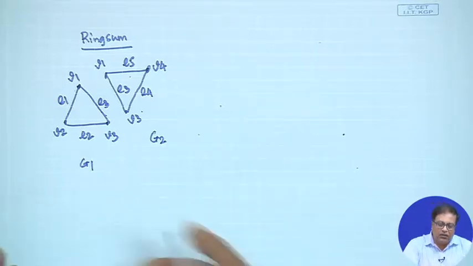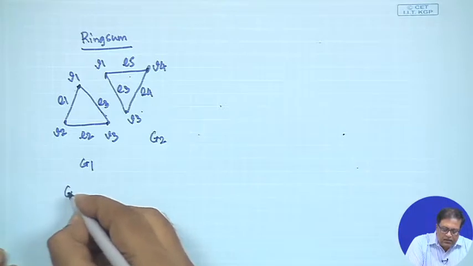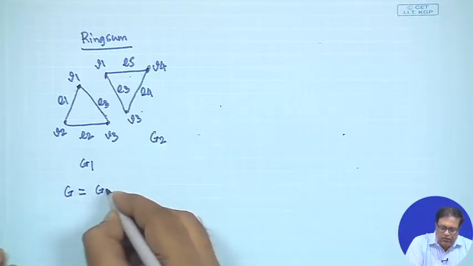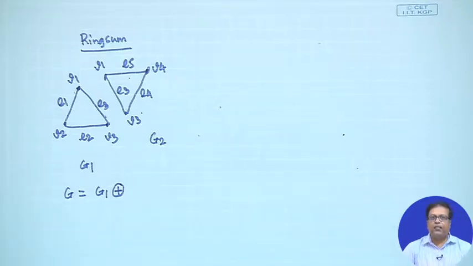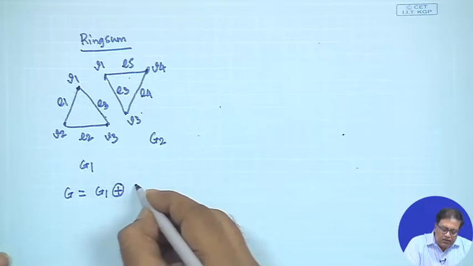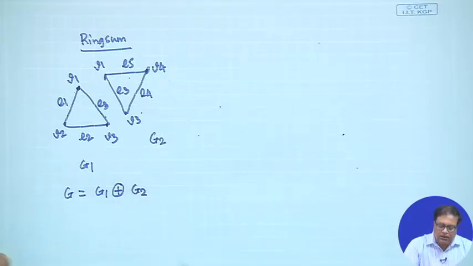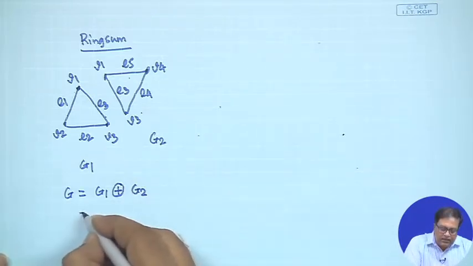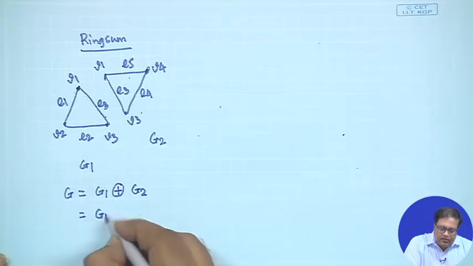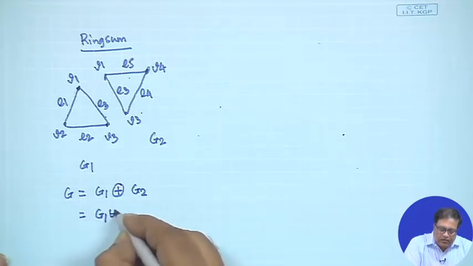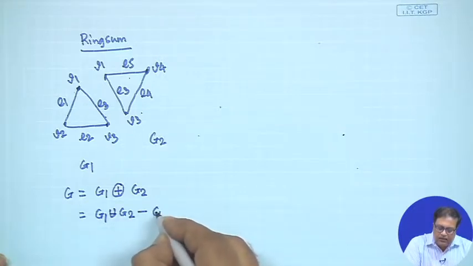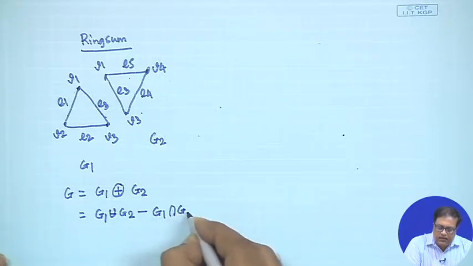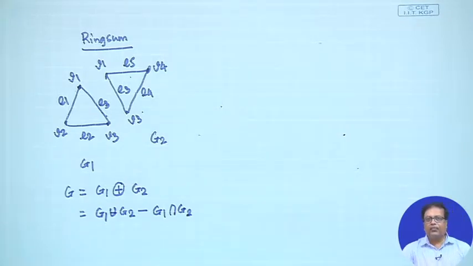Now, the ring sum operation is G equals G1, then the ring sum symbol, a plus with a circle, G2. This is very interesting: it is G1 union G2 minus G1 intersection G2.